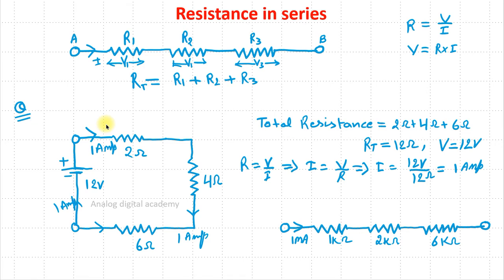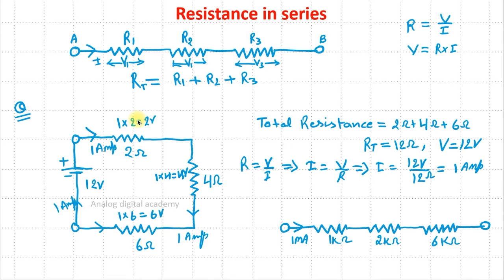So how will we calculate the voltage across each resistance? As per Ohm's law, as per this formula, we can calculate 1 into 2 equals 2 volt, and 1 into 4 equals 4 volt, and 1 into 6 equals 6 volt.